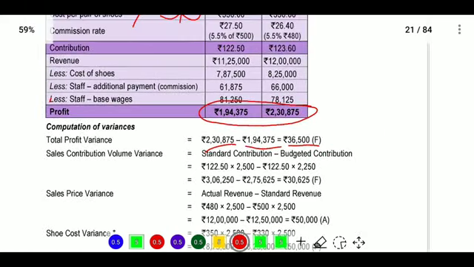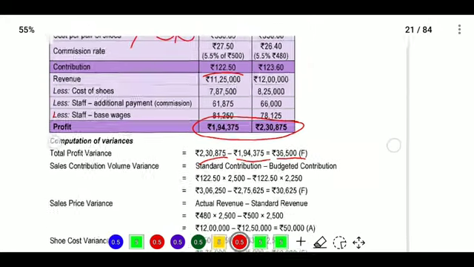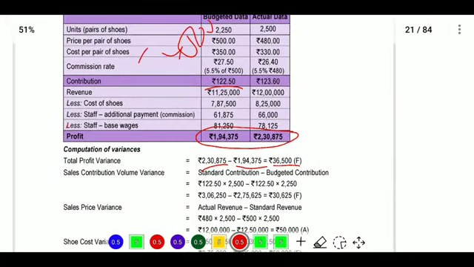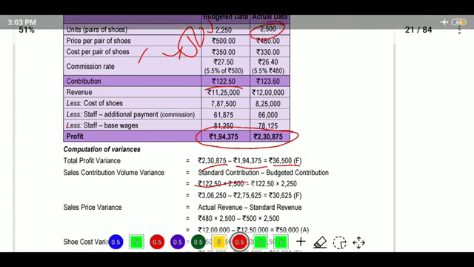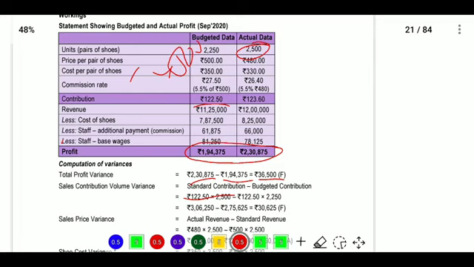Next we will see the contribution. We will see the contribution difference. What is the contribution difference? That is 122.5 into how many units we have? 2,500 units. So 2,500 minus 2,250 into the standard price.